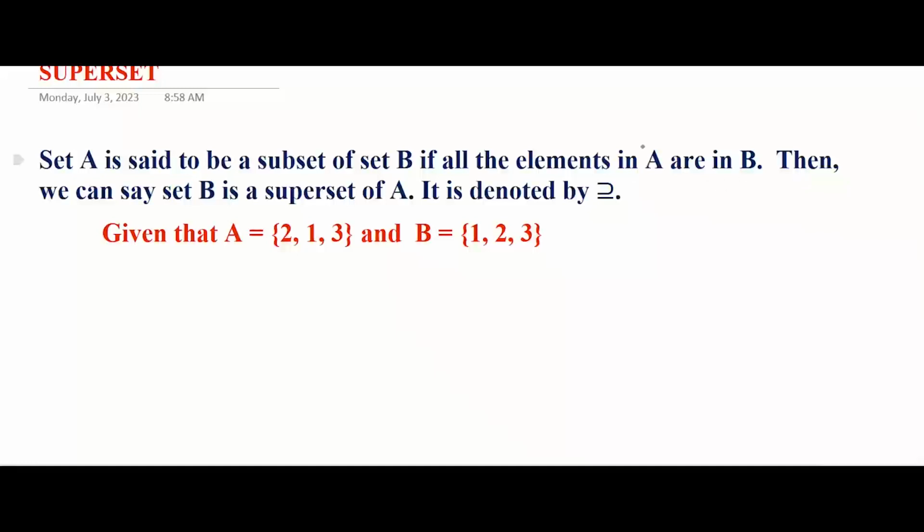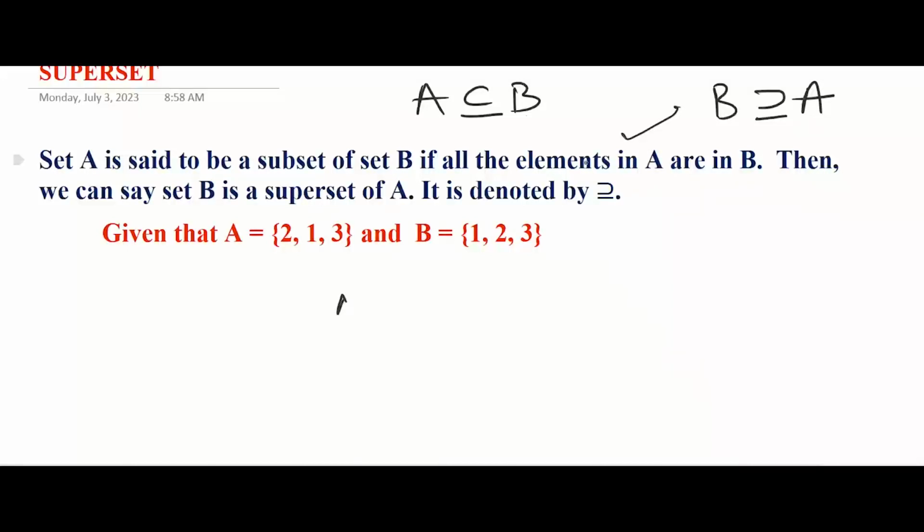So if this condition is met, then we can say that set B is a superset of A. On the previous page, we said A is a subset of set B. So for the superset now, if we want to start with B, then we will say B is a superset of A. That is just the implication.